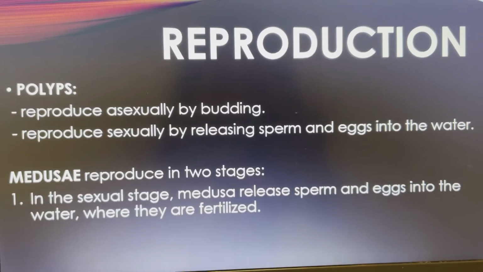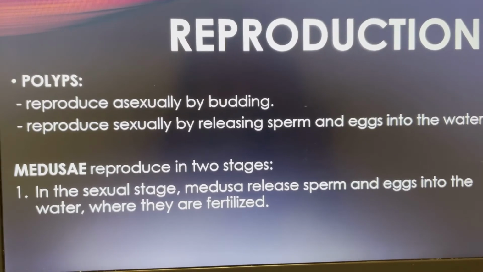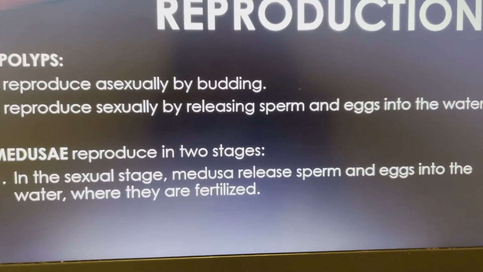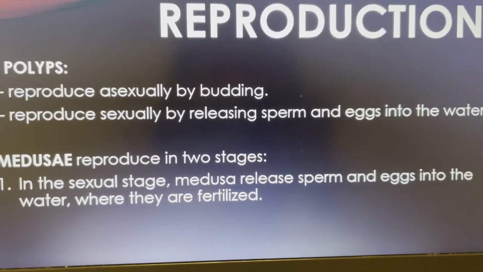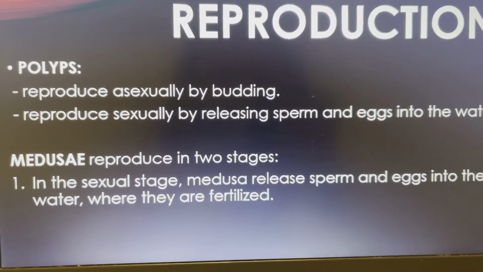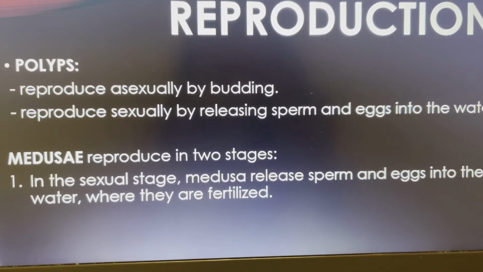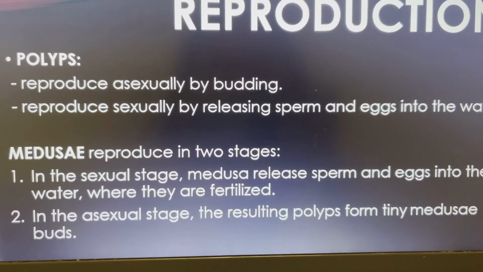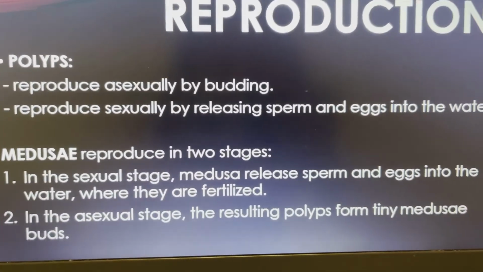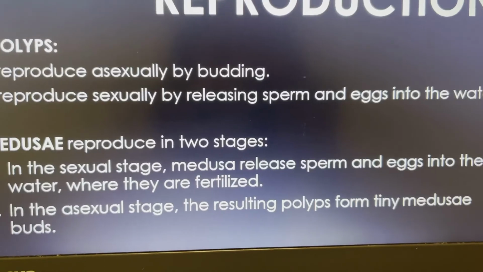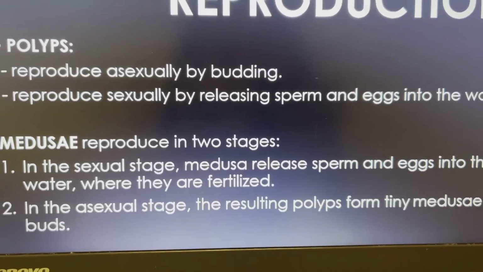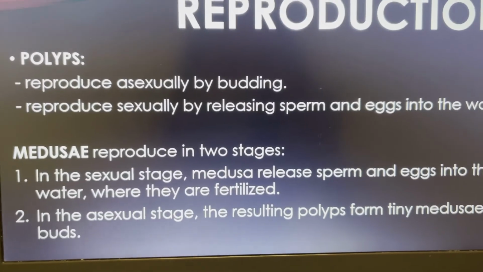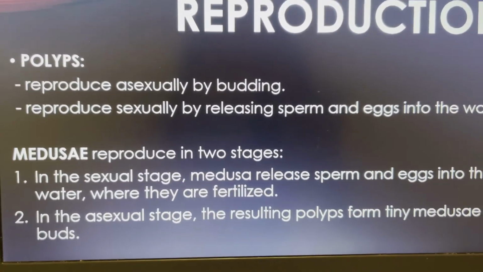Then medusae reproduce in two stages. First, in the sexual stage, medusae release sperm and eggs into the water where they are fertilized. Fertilized means combining the egg and sperm together. In the asexual stage, the resulting polyps form tiny medusa buds. Remember the umbrella shape? That will be the asexual stage.